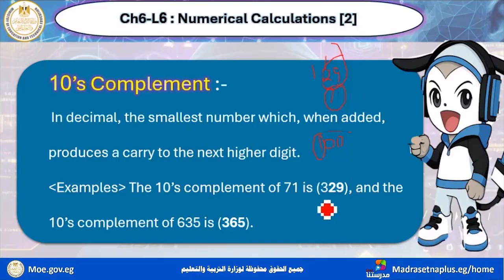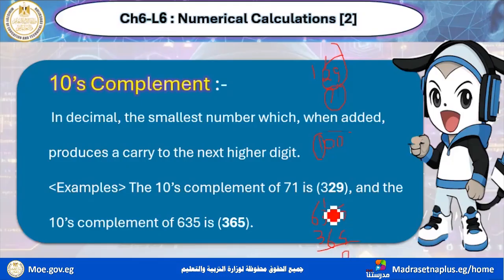Now, moving to 635. The complement is 365. How? Because 365 when added to 635, let's add: 5 plus 5 is equal to 10.